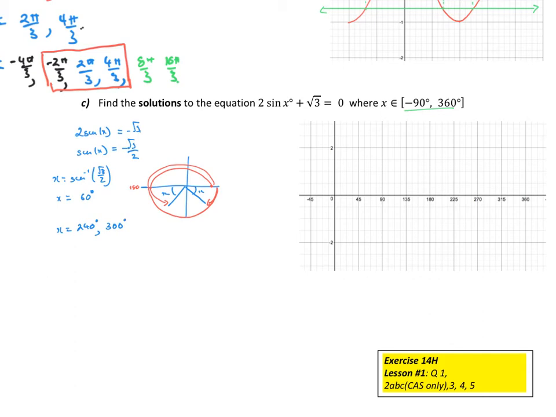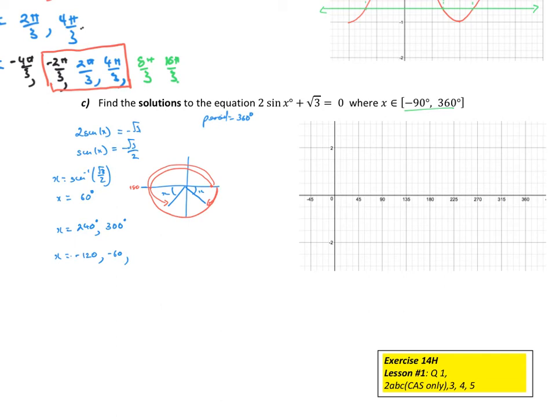So there's my first two solutions. All right, my period again is 2π, which is 360 degrees. So if I subtract 360 from both of those, 240 minus 360 is negative 120. 300 minus 360 is negative 60.